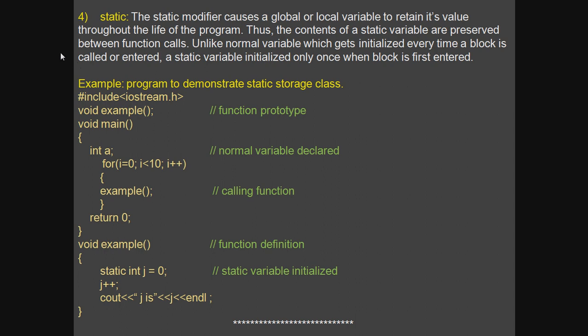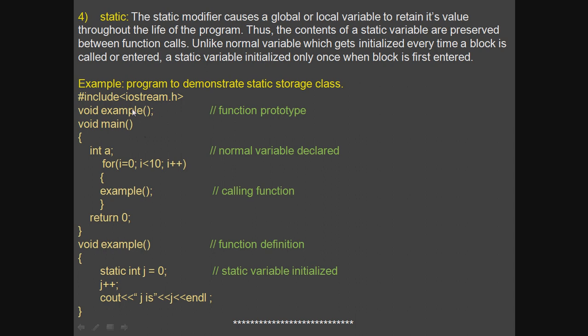So if we don't want that, we declare the variable as static. Why? Because the static variable initializes only once when a block is first entered. Okay, so for better understanding, here is a program to demonstrate the static storage class. So here you have a function prototype declared outside of the main.